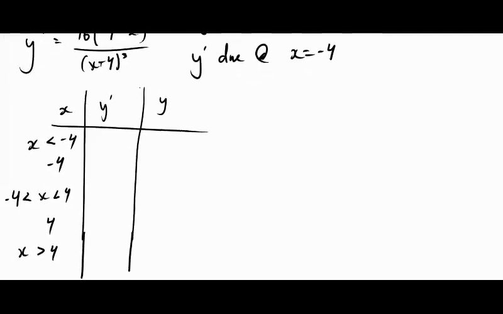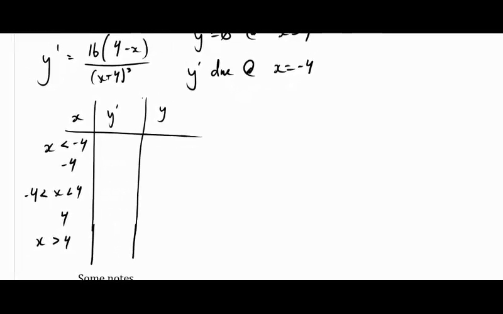And I just start plugging these in. Okay, and I want to know what the derivative is doing. So I know here it does not exist, and I know here it's 0.